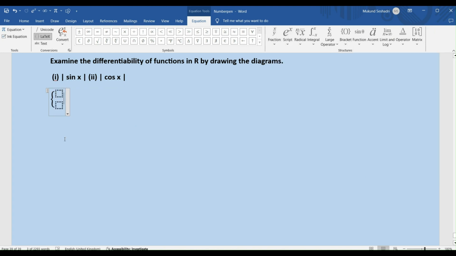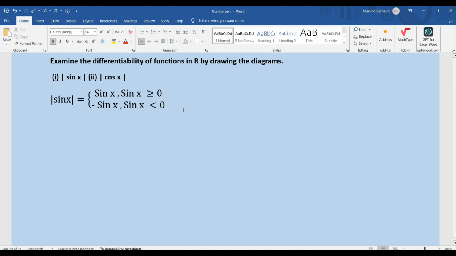So my mod of sin x equals sin x for sin x greater than or equal to 0, and it's equal to minus sin x for sin x less than 0, right?